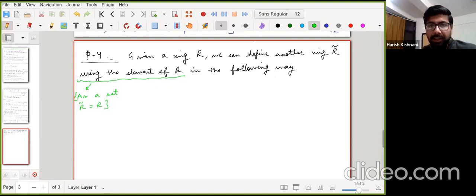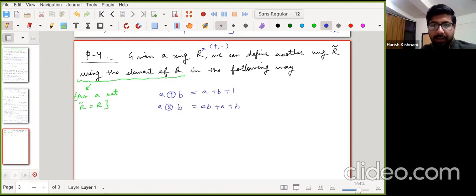Let's say R has operations plus and dot. I will define new operations like this: a circled plus b equals a plus b, and a circled dot b equals ab plus a plus b. Here a, b are elements in R as well as R delta because they are the same as sets.